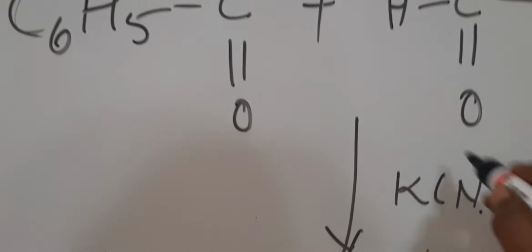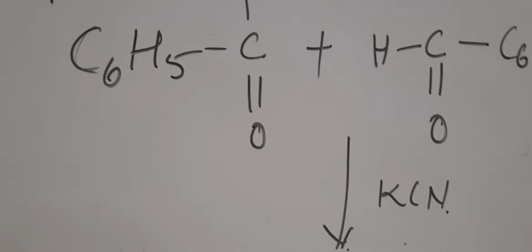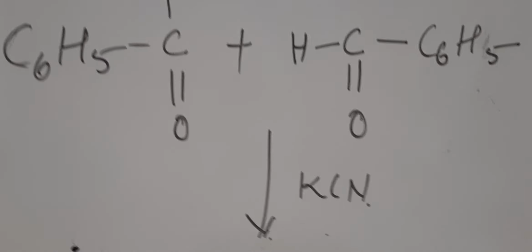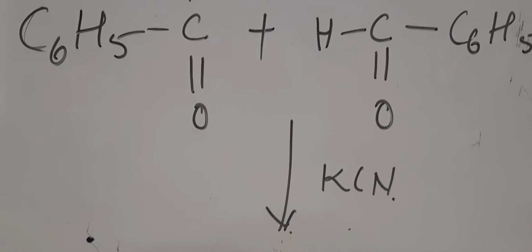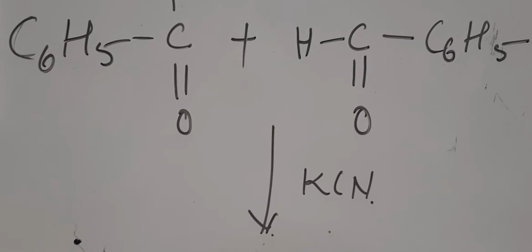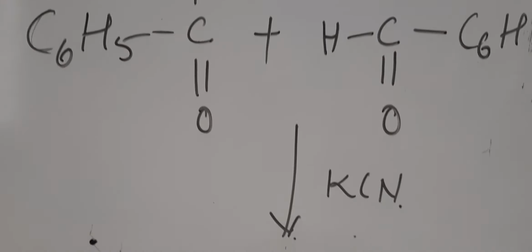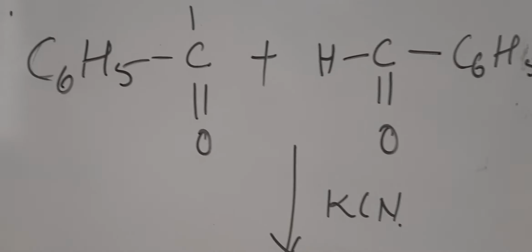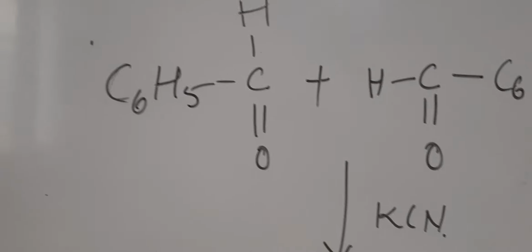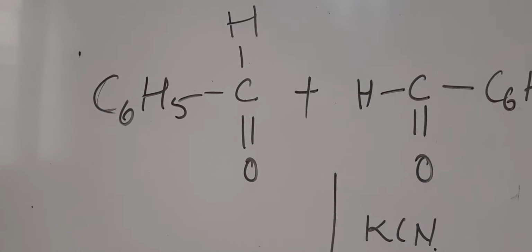Actually, if benzaldehyde condenses in the presence of sodium hydroxide, we call that the Cannizzaro reaction. If it condenses in the presence of KCN, then it is said to be the benzoin reaction. It's very simple.